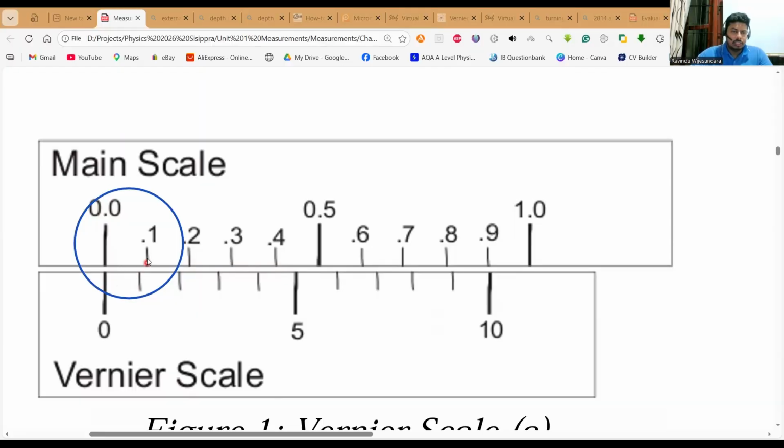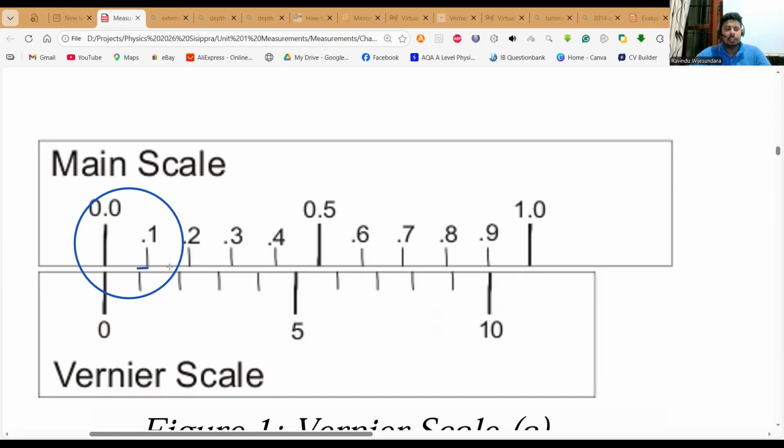And there's a small length difference between these two. This small length is what we call the least count, right? All the other length differences between the main scale divisions and vernier divisions are greater than this distance, so this is called the minimum distance.